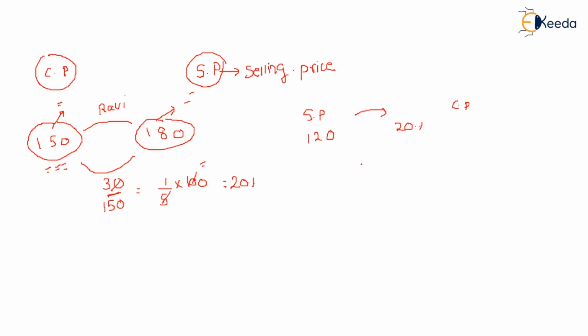You know that this person is getting 120 rupees, and he is gaining 20% profit. So what does that mean? 100% means 100. 20% gain means 100 plus 20, that is 120 upon 100. When you solve this, you will come to know the price of that product. That comes out to be 100, right? So this is how you need to solve this question.